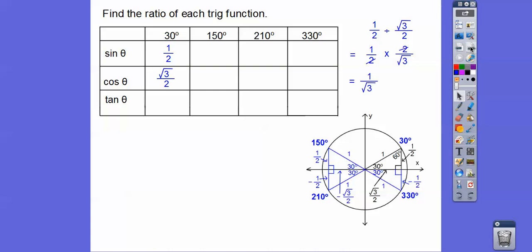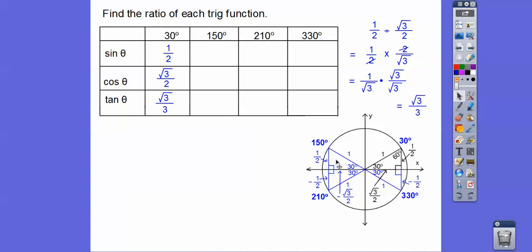Well, we don't like having the radical downstairs, so we multiply it by root 3 over root 3. What that does is it gets rid of the radical. Root 3 times root 3 is just 3, and on top we have 1 times root 3, which is just root 3 over 3. Okay, over here, that's what this is going to be. Root 3 over 3, it's just going to be, one's positive, one's negative, so over here it's going to be negative.